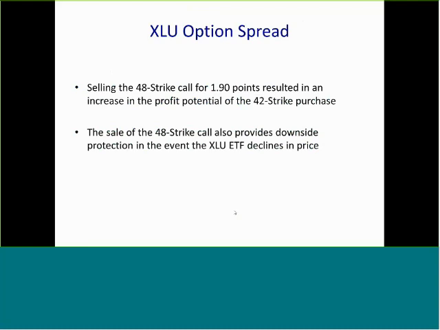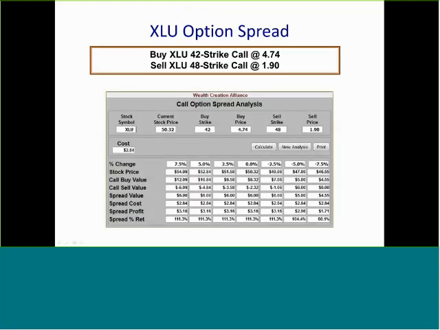When we sold that 48 strike call for 190, $190 in cash went into our brokerage account, and that increased the profit potential of the 42 call that we already own. So when we sell the 48 strike call short at 190, that increases the profit potential of the existing 42 strike purchase. And it also provides downside protection if the ETF declines in price.